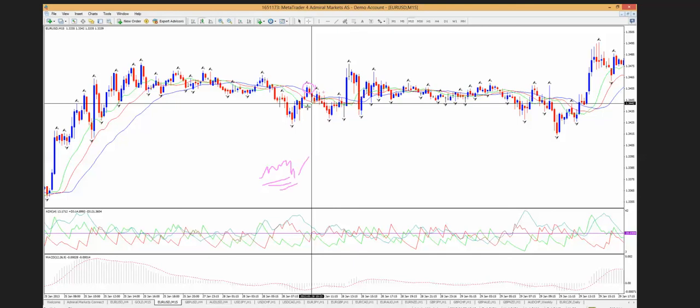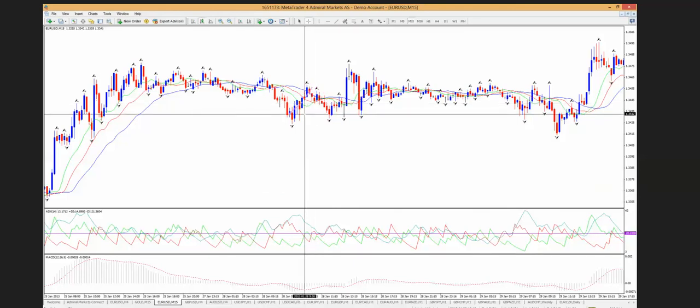That's the best setup, because if the price is punching through the alligator, it's a bit weaker, right? In this regard, the alligator is actually acting as resistance and not as support. When the alligator is under the price, it's acting as support.